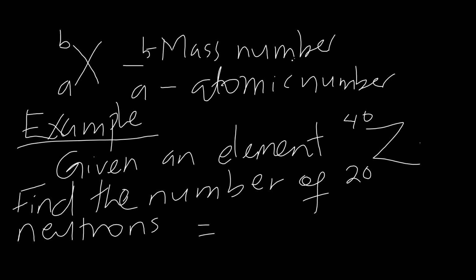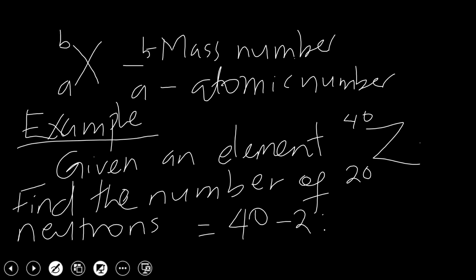People are getting 20. Like I said, mass number is equal to atomic number plus number of neutrons. So 40 is the mass number and 20 is the atomic number. To get the number of neutrons, we take 40 minus 20, which gives 20. So these are the number of neutrons.